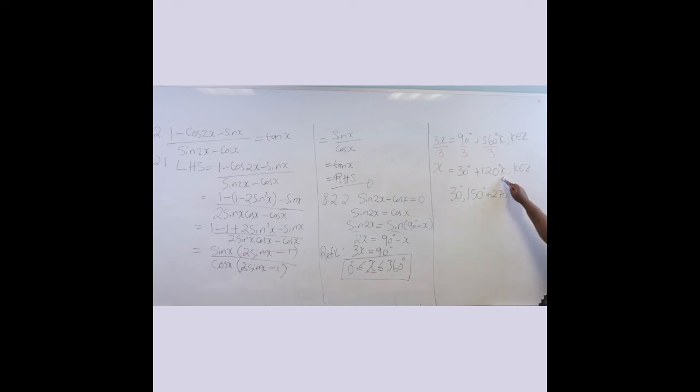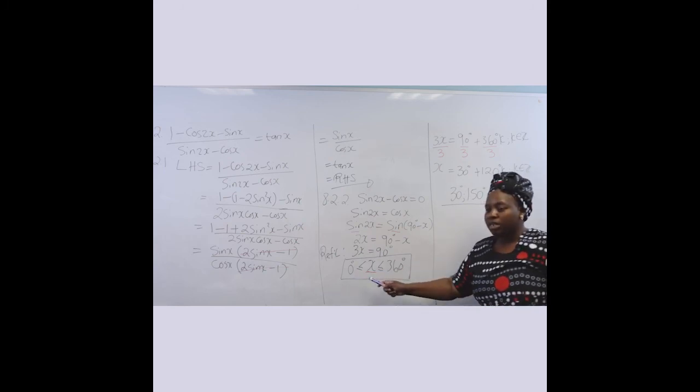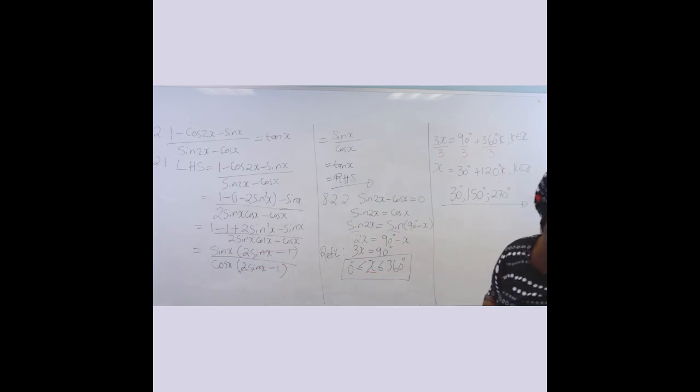If I put 3, I will have 360 plus 30, which is more than the boundary. So now my solutions, therefore, are going to be 30, 150, 270. For now, those are my solutions. That is between the two boundaries from 0 to 360 degrees.